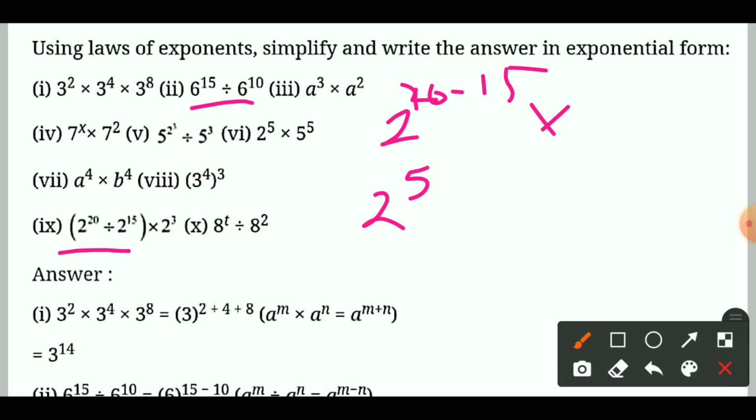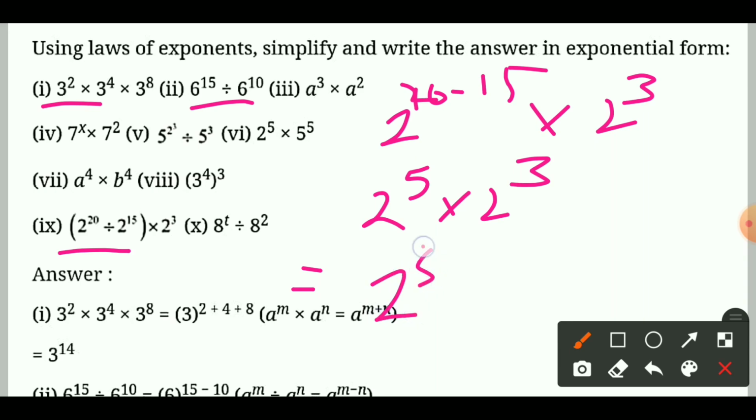After that you have the number 2 raised to power 3. Then what will you do in this question? We are going to use the first law, in which we are going to add the powers. Why? Because the base is same and powers are different. So 2 raised to power 8 is the answer of this question.